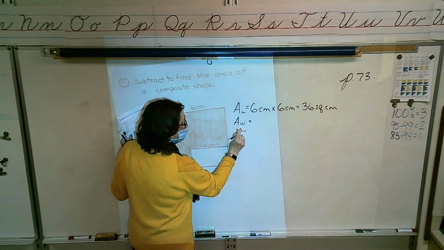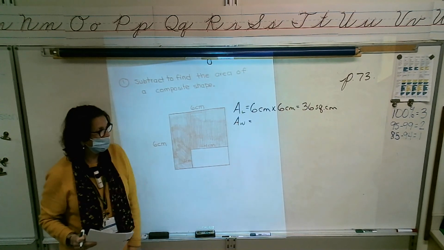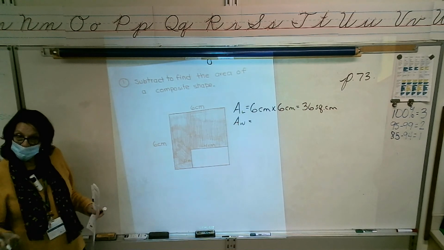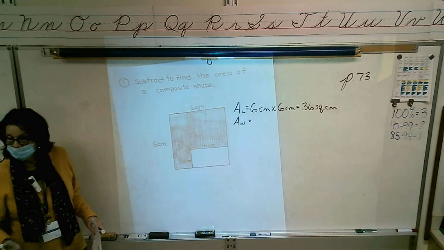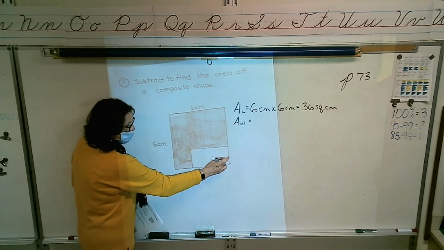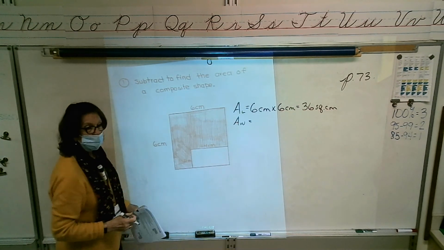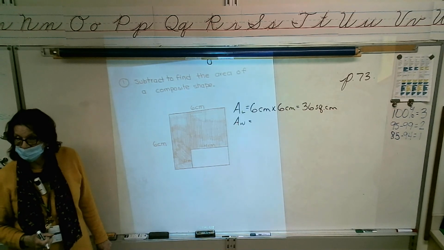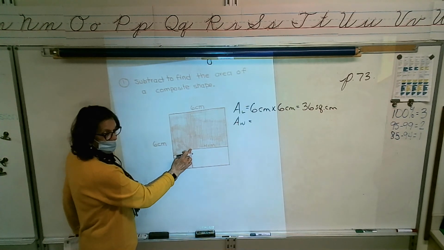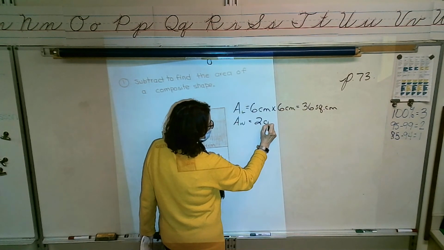And notice how I put a little W. That stands for area of the white rectangle. And sure enough, we have the side lengths of the white rectangle, don't we? This side is 2 centimeters, and this side is 4 centimeters. You can trace that with your finger if you want. So what do we multiply to find the area of the white rectangle? We multiply 2 centimeters times 4 centimeters. So let's go ahead and write that.